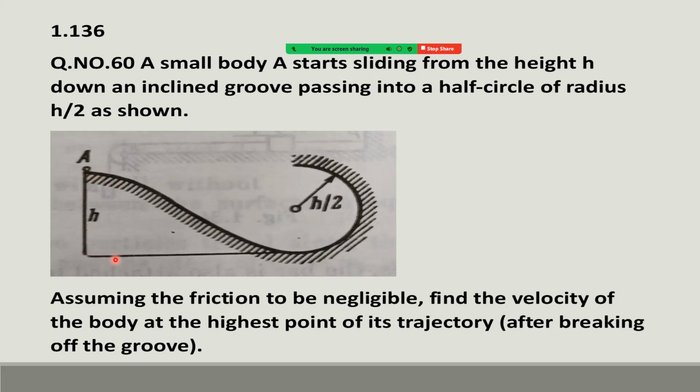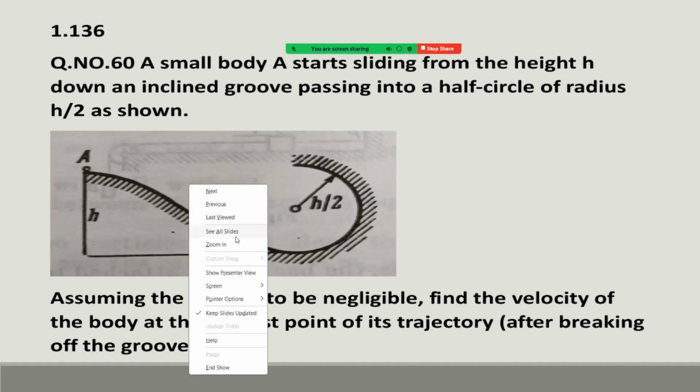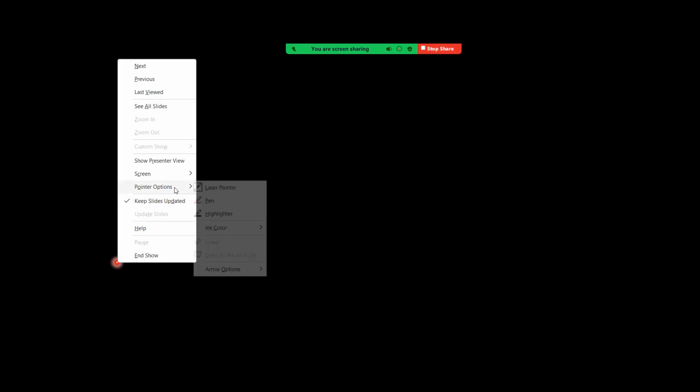So first, let us see. The height is h. On reaching the bottom, see the energy equation, mgh. On reaching the bottom, this potential energy is lost completely. This loss in potential energy converts into gain in kinetic energy.